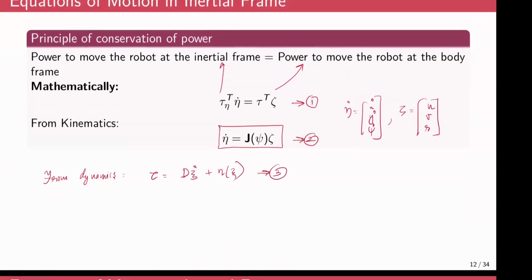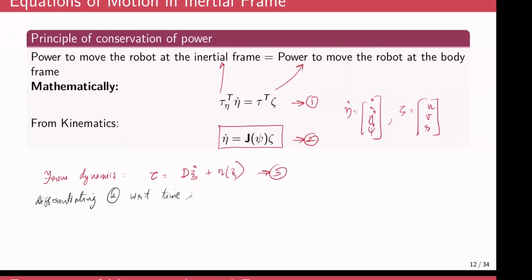We have this term zeta dot here, but from kinematics we only have zeta. So to get zeta dot, we take the derivative of equation 2 with respect to time.